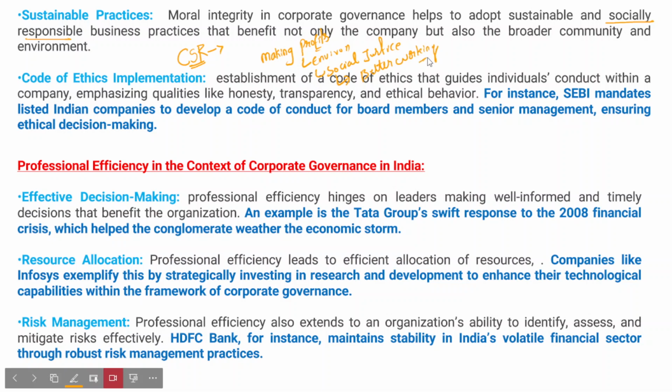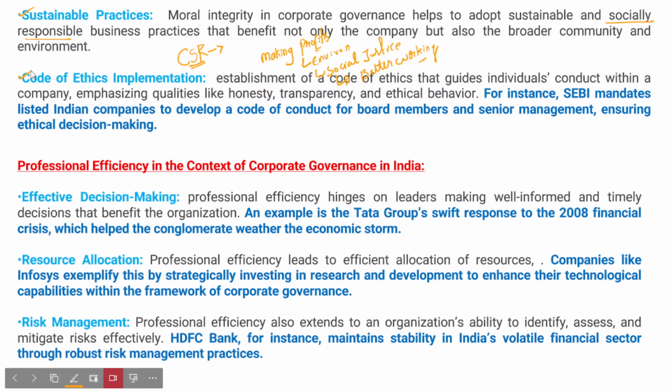Therefore, these are the sustainable practices the companies need to adopt, and moral integrity will play a very crucial role in developing such practices. Every corporate company should have a code of ethics and also a code of conduct. For example, a company which establishes a code of ethics and code of conduct guides individuals to direct their conduct in a certain way.